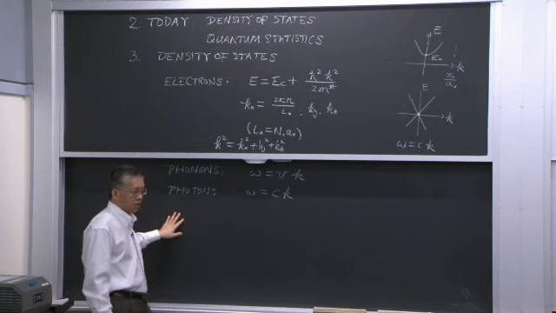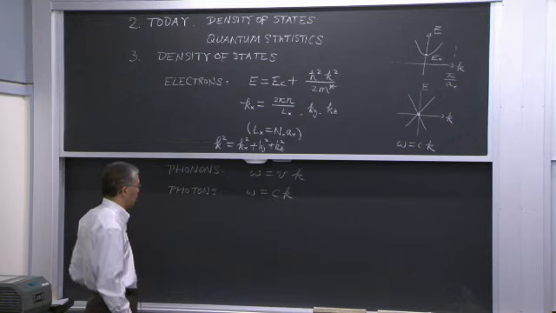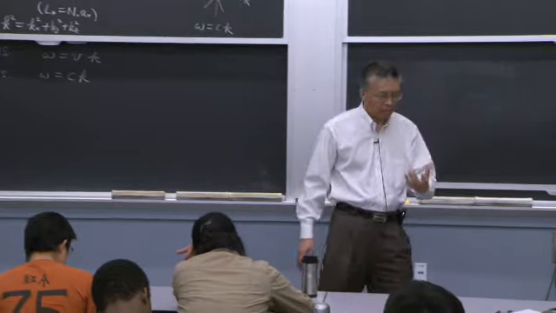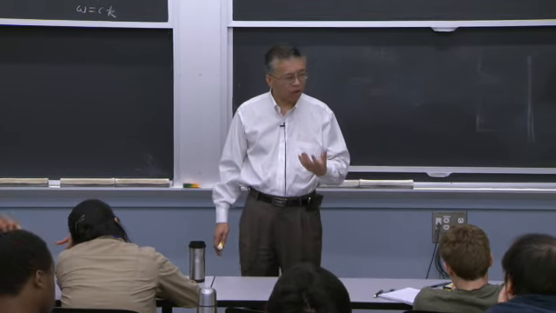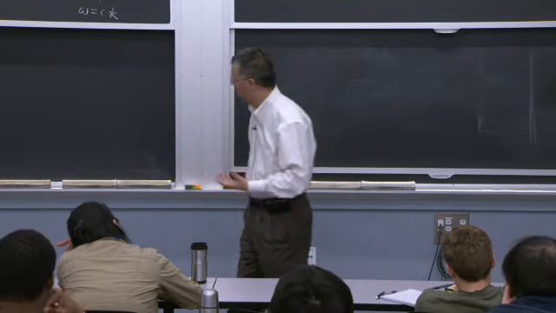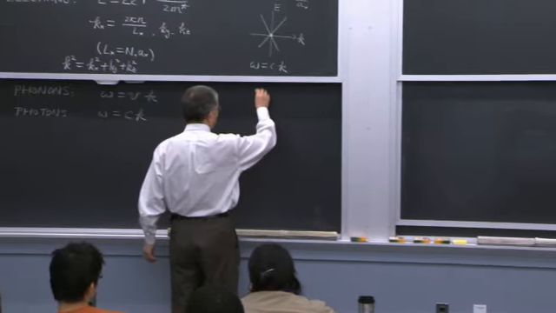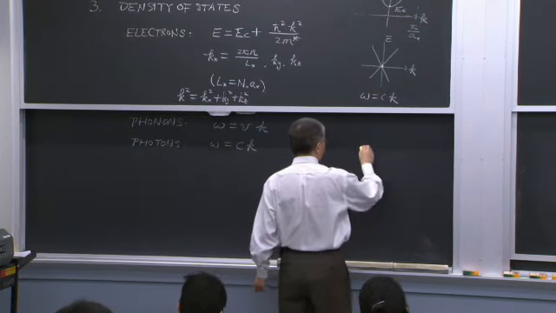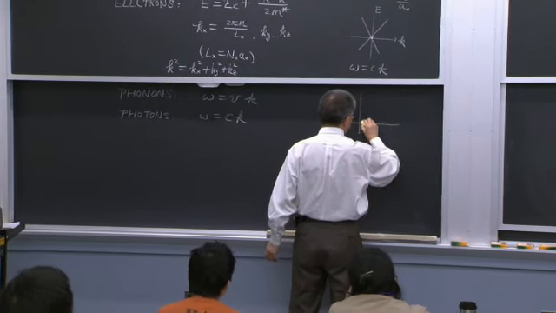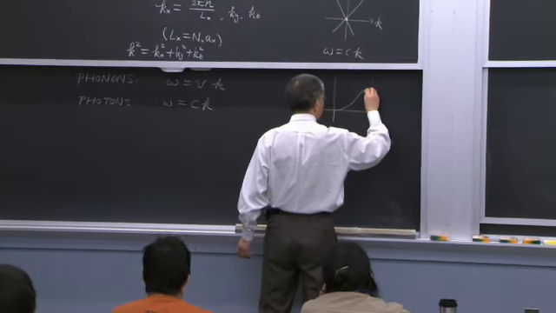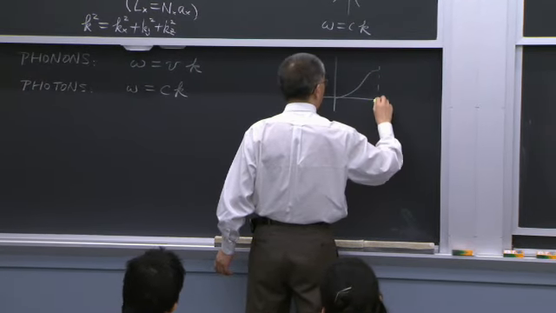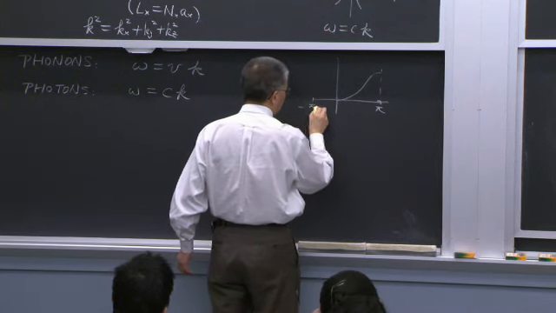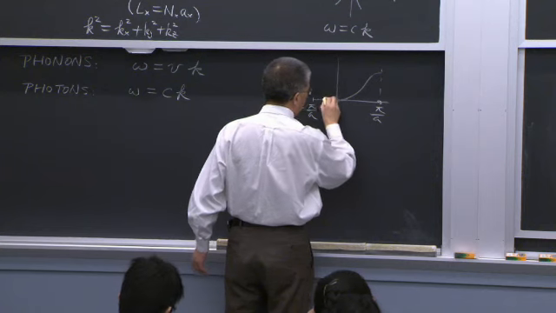Now based on this, I'm going to count how many states. For example, I have n electrons. Where is the Fermi level? If you recall when I did the simple one-dimensional hydrogen atomic chain, this is the dispersion, and I have between minus pi over a and plus pi over a, symmetric, k points.